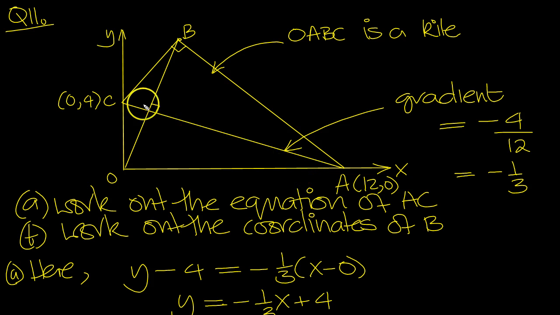So we've got this line. It's a kite. We know this height is 4. This height is 12. Okay, so we could work out this length with Pythag. Yeah, we could do.